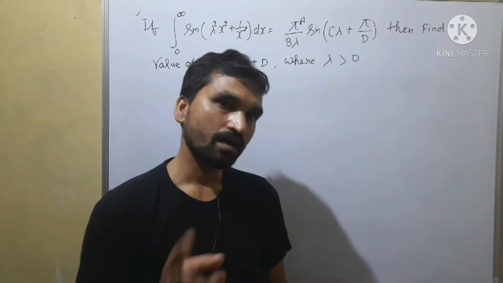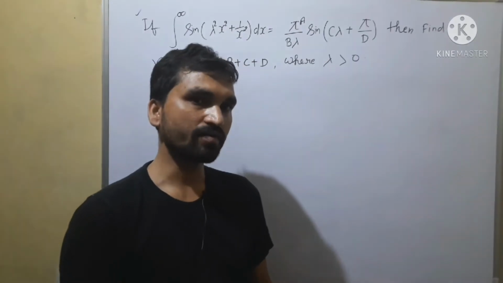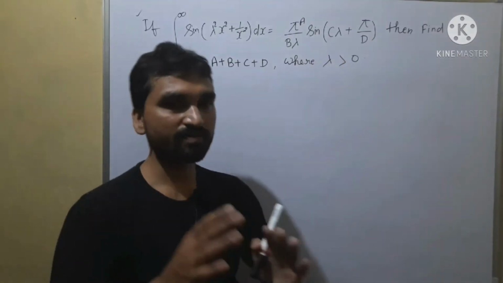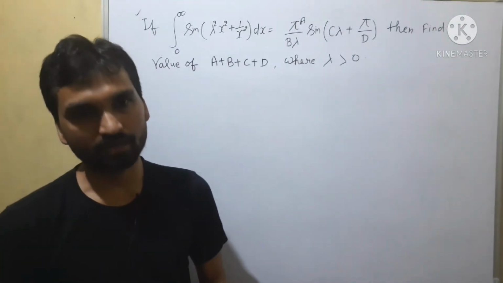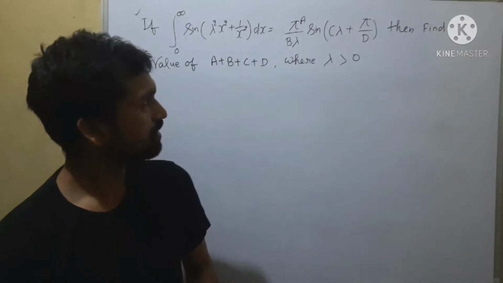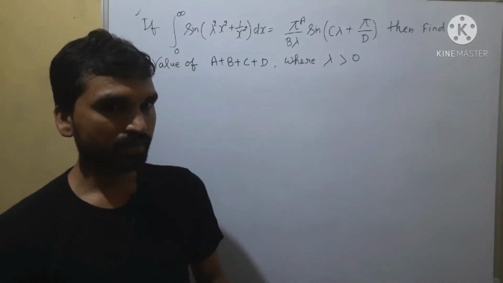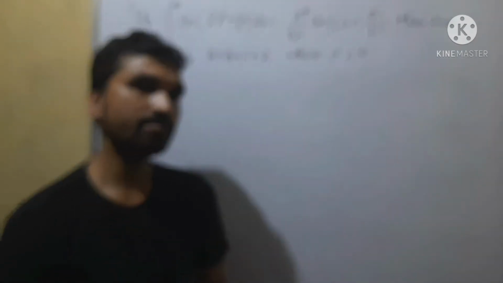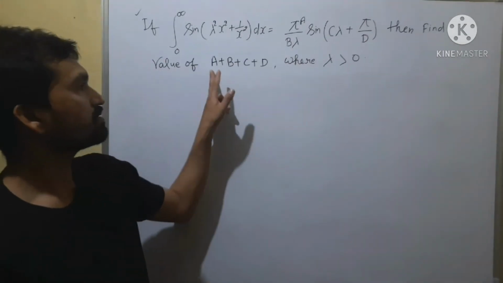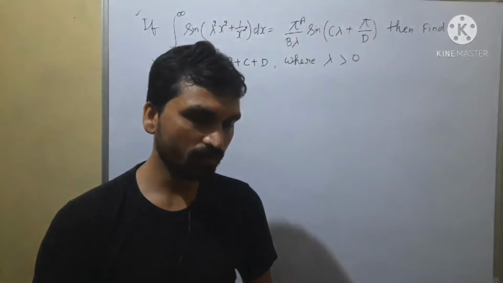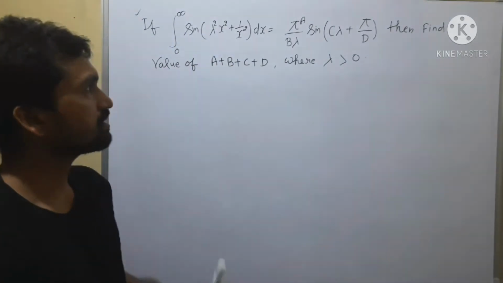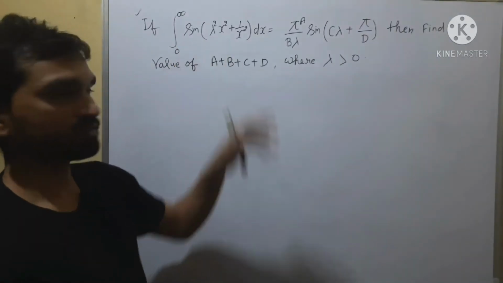After comparison of the result with RHS, we can find the individual values of A, B, C and D. And after getting the individual values of A, B, C, D, we can find the summation of A, B, C and D. Okay. So let us start our solution with LHS.